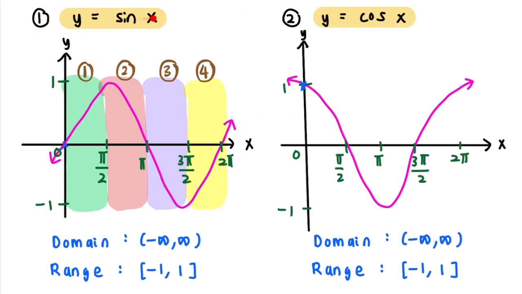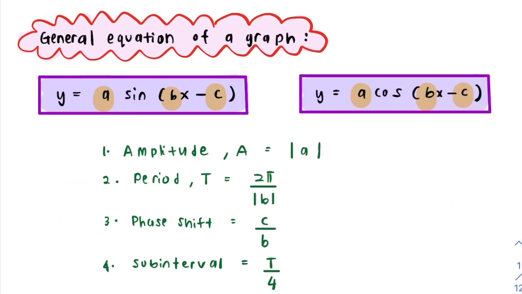In the basic graph, the period is equal to 2 pi because the coefficient of x is equal to 1. Therefore, the period 2 pi over b, 2 pi over 1, is equal to 2 pi. However, after this, you may find a different coefficient of x. Therefore, just take the value and make it modulus, so the period will be 2 pi over modulus b.